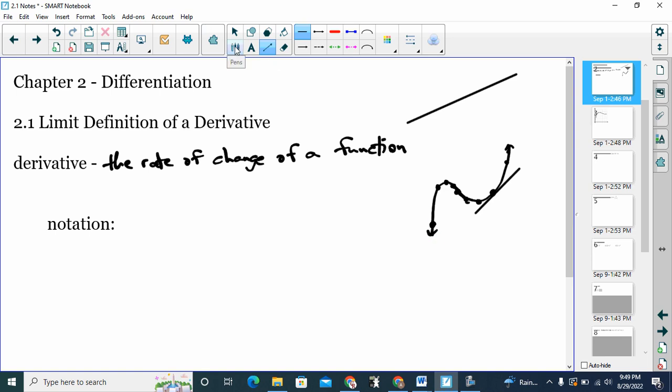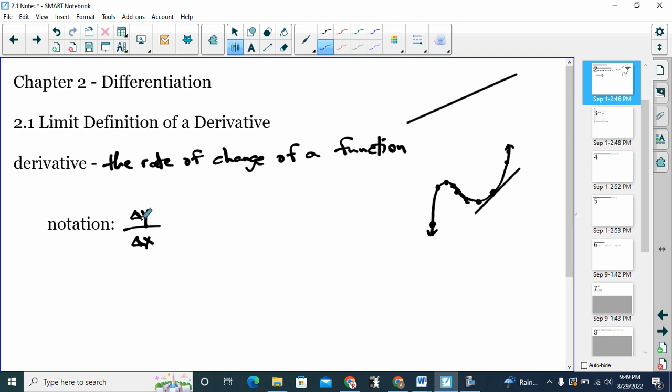The notation that we use, there's several different notations that you'll see. A rate of change is a slope. Slope, remember, is a change in y over change in x, delta y over delta x. You actually will almost never see it written like this, though.